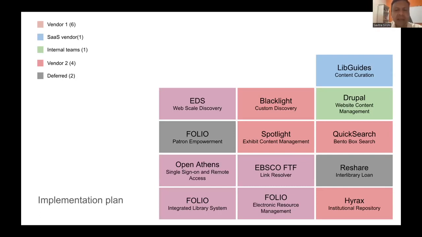Until that happens, we can defer the decision. So these 2 boxes in gray we decided not to do, and for the other boxes we had 2 vendors only. Most of our systems were implemented by 2 vendors, which made us happy. We didn't have to deal with half a dozen vendors.